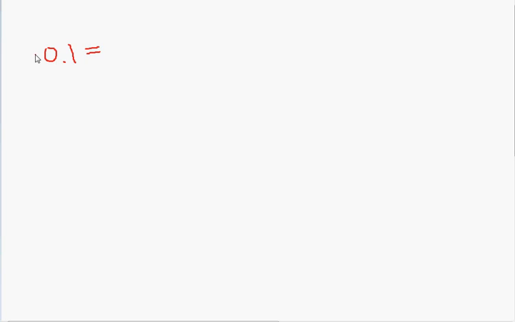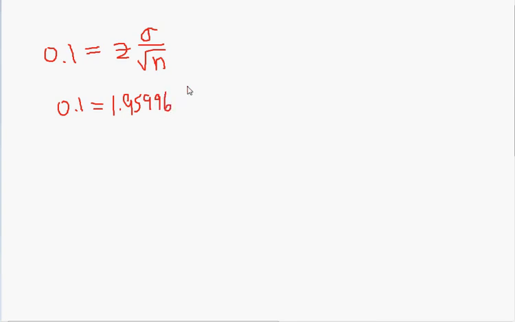0.1 is equal to, it's 95% confidence, so the formula goes z times sigma over the square root of n. Okay, and so we have 0.1 is equal to, now it's 95%, so it's going to be our friend 1.95996 again.